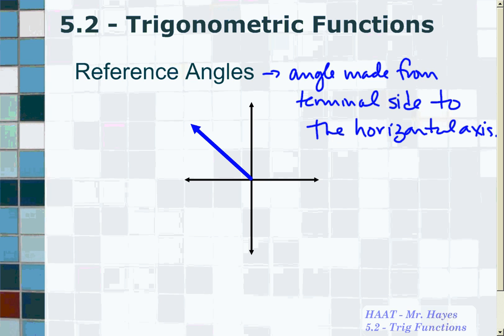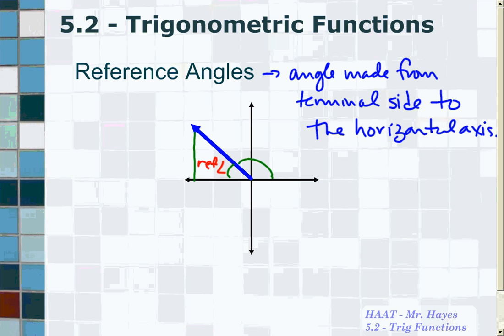So in this case, this is your reference angle for this angle over here. When we're dealing with these things, the reference angles are always based off of the angle that's made between the terminal side and the horizontal axis. So this is your reference angle.